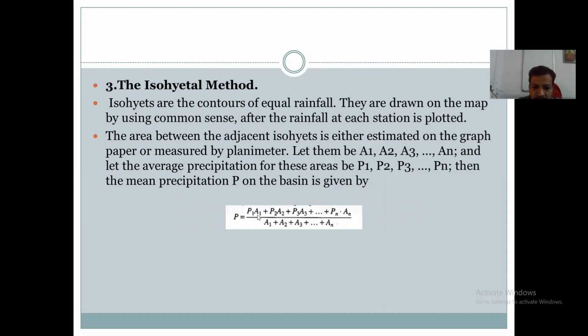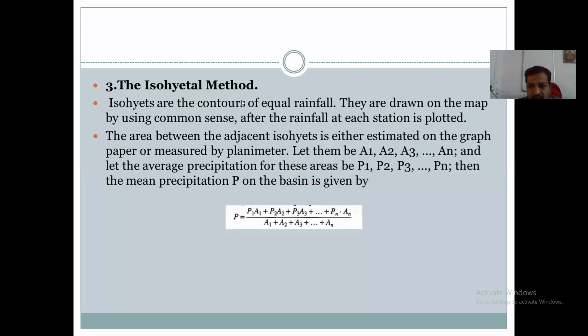P is equal to P1 into A1 plus P2 into A2 plus P3 into A3 up to Pn An divided by A1 plus A2 plus A3 up to An. That will give the mean precipitation of the basin area.